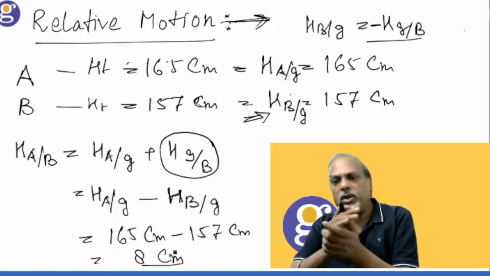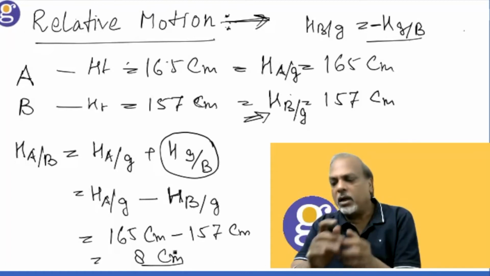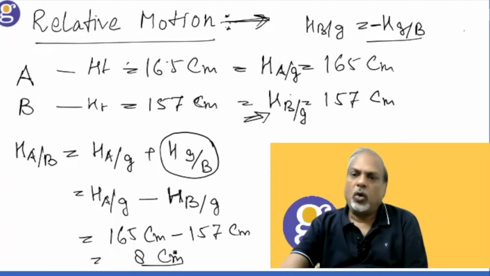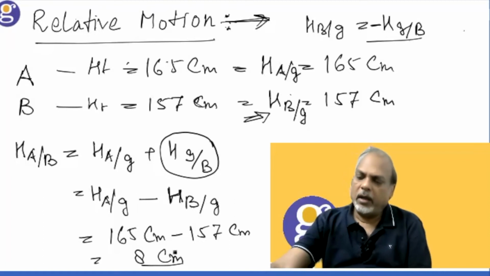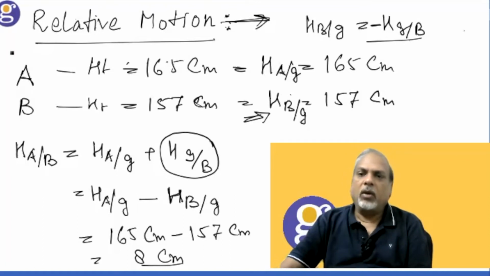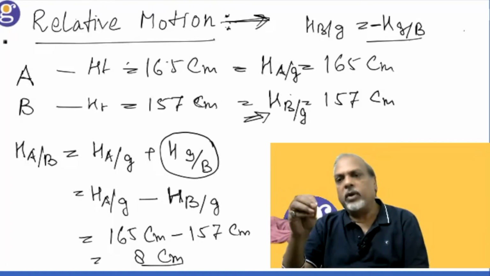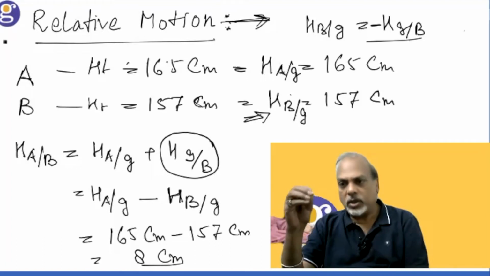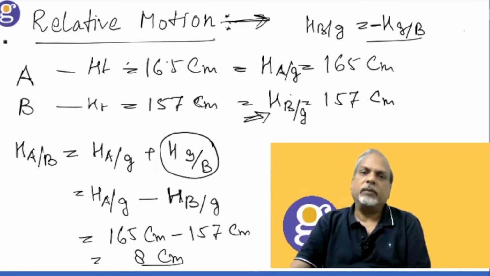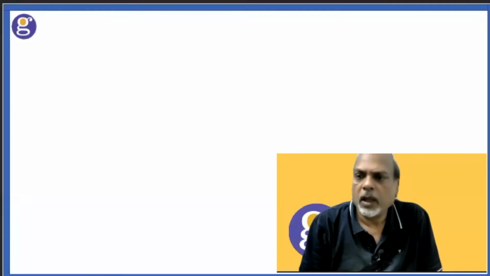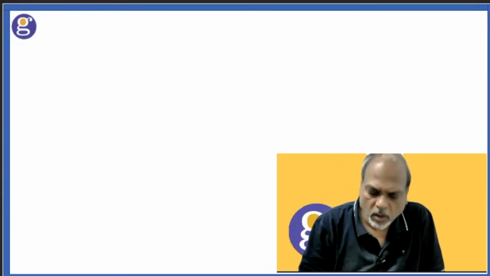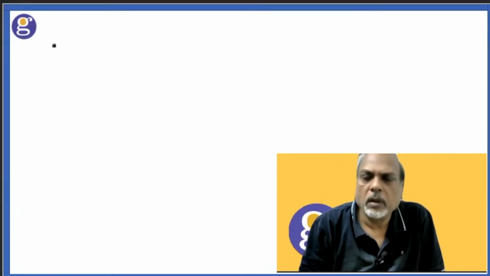With this simple logic, we will go ahead and we will see what are these concepts we can apply in respect of motion, that is one-dimensional motion as well as two-dimensional motions. So this is what we derived.